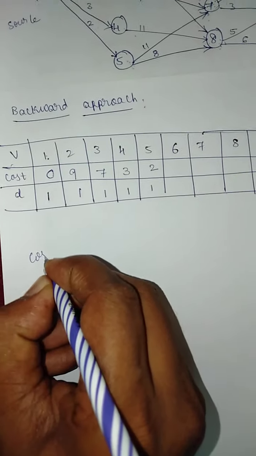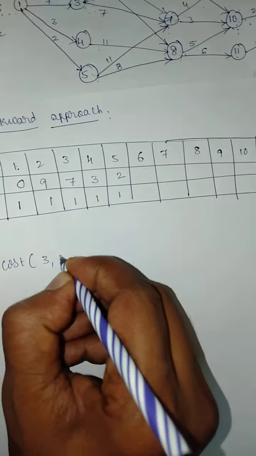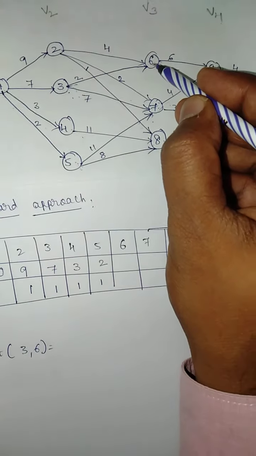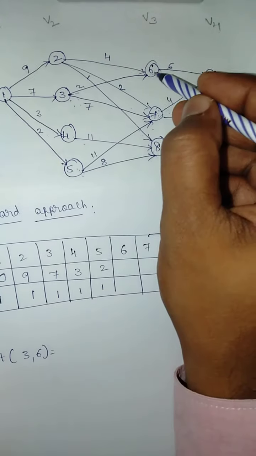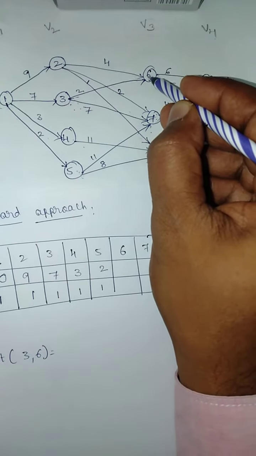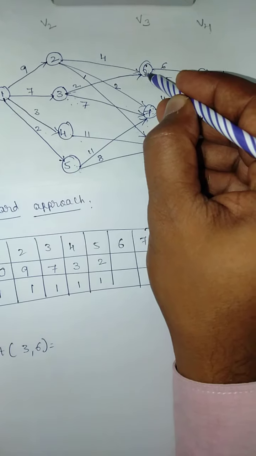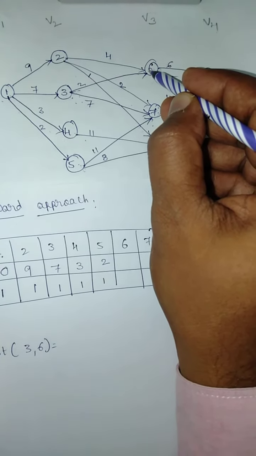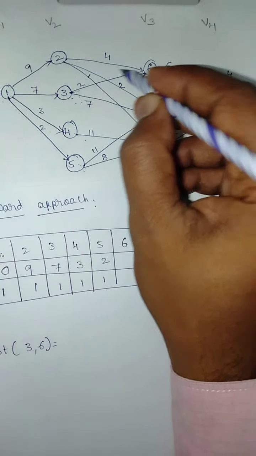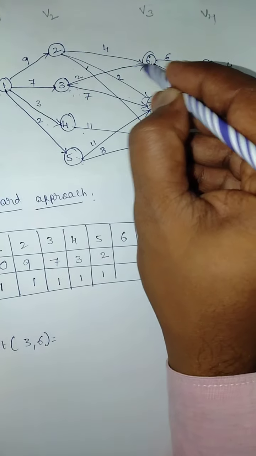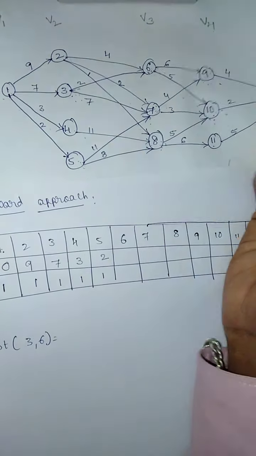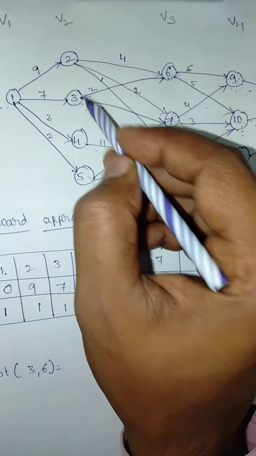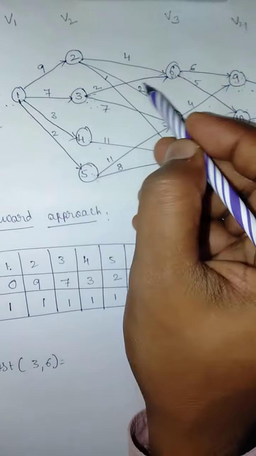So cost of stage 3 vertex 6. For this vertex 6 you have to look at how many edges are incoming to it. For node 6 there are 2 edges coming, from 2 and 3 in stage 2. Therefore we have to select the minimum of these two starting from the source.